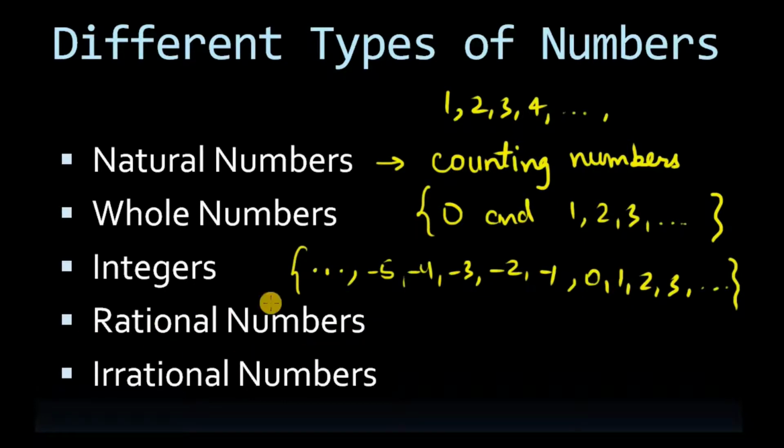Then we have rational numbers. Let us see the definition of a rational number separately, because it is something we have to understand a little bit, okay? A rational number is defined as a number in the form of P over Q, where P and Q are integers and Q should not be equal to 0.